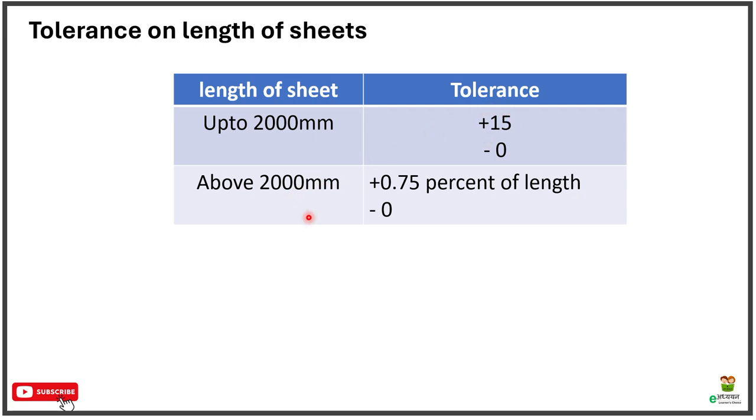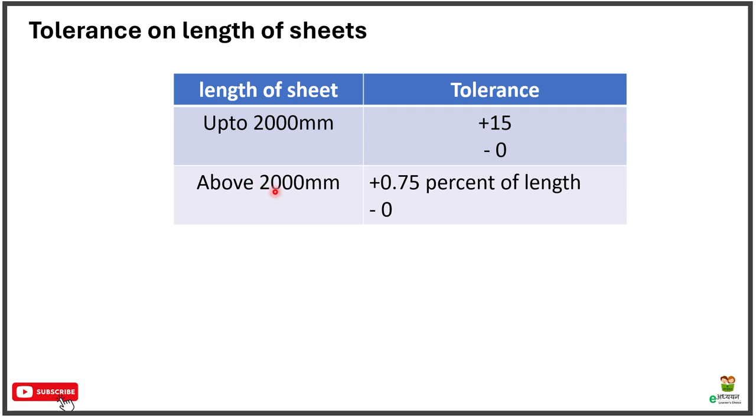And for above 2000 mm, it should be plus 0.75% of the length and minus 0. So it should fall between 0 and 0.75% of the length. The length could be 3000, 4000, or 5000, since it can be cut from the roll.